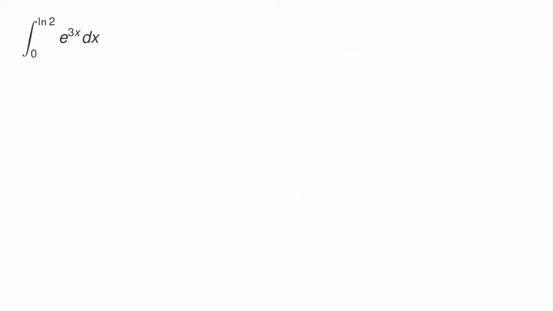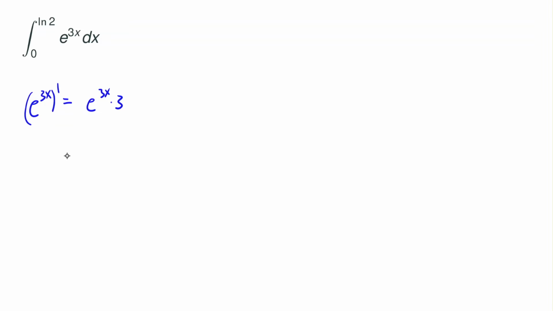So first, we need to come up with the antiderivative of this function. So let's talk about that. If we take the derivative of e to the 3x, we get e to the 3x times 3 by the chain rule.